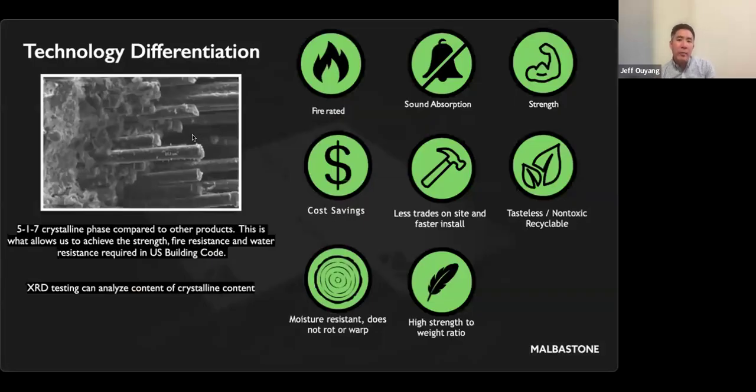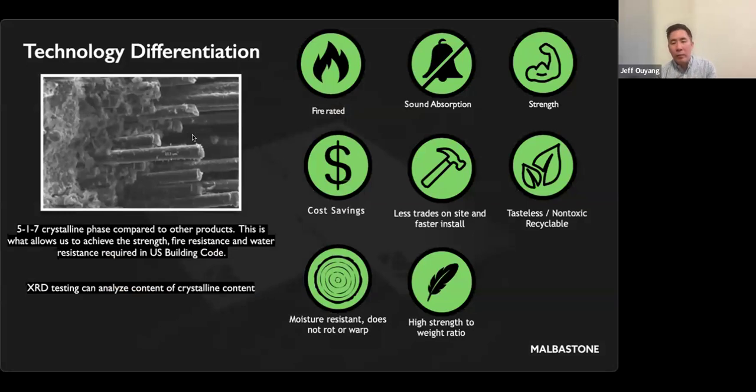And then if we get into some of the science, we could go on about this forever. But the main thing to think about is how the crystalline formation of the cement itself is what gives it a lot of its properties. Today, it's actually not so hard to do X-ray diffraction on materials, and you can look at the different phases of the magnesium cement itself in the board.